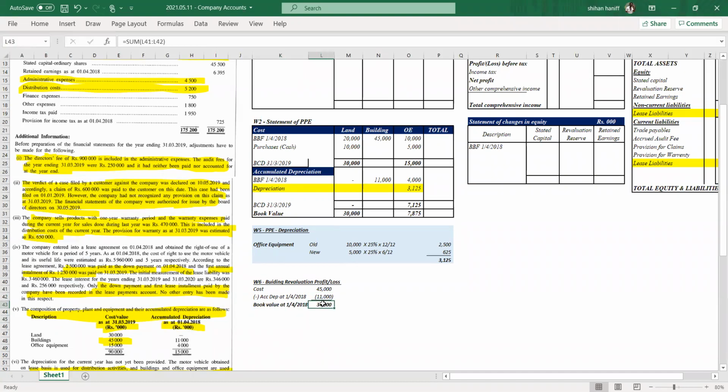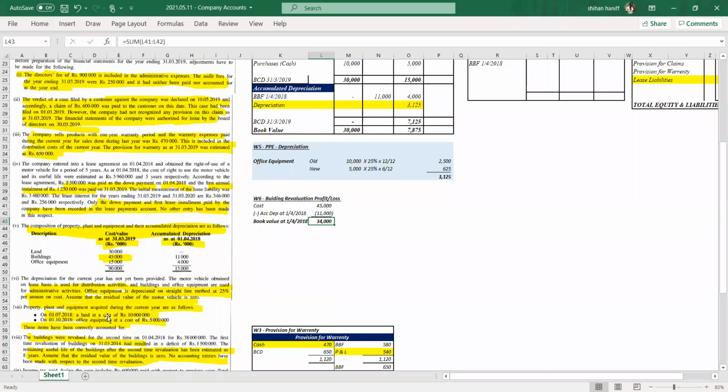Now 34,000 worth of building we are revaluing for 38,000. So there is a revaluation. How much is the revaluation profit? 4,000. That's the revaluation profit.